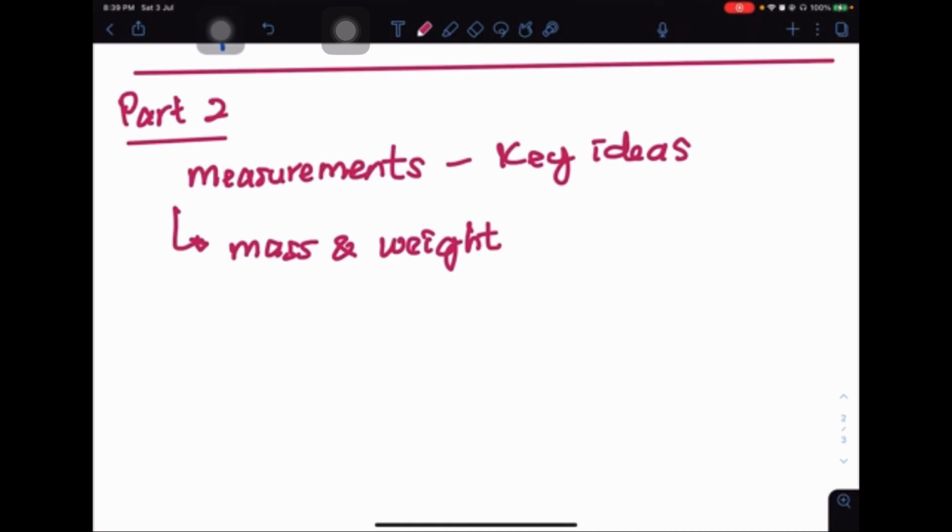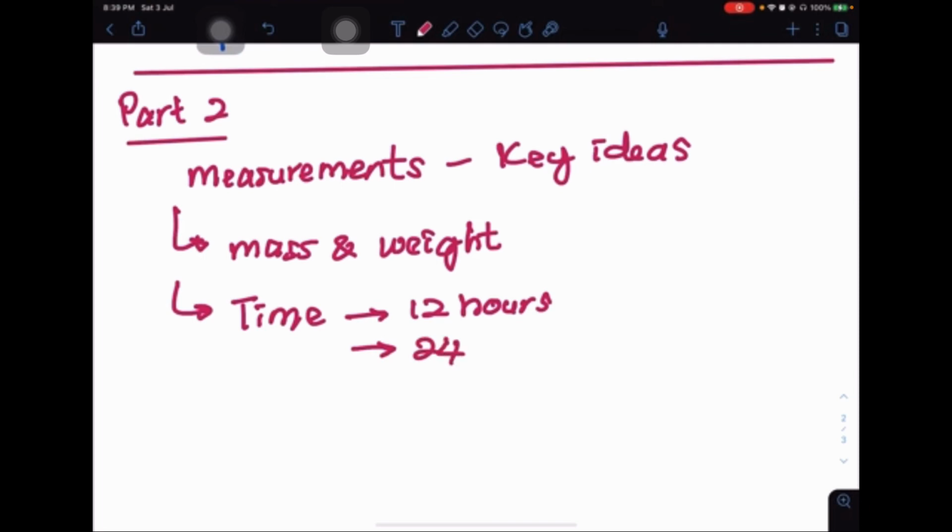After that, we look at time, and what is time. We have 12 hours and 24 hours. You need to be very well versed when it comes to time: how do you read the 12 hours and how do you read the 24 hours.